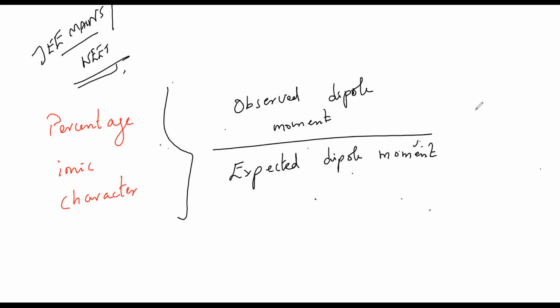Because it is percentage, we multiply by 100. And everyone knows what a dipole moment is. That is charge into distance. Correct? I clearly showed you in the last class how to do it by visualization.